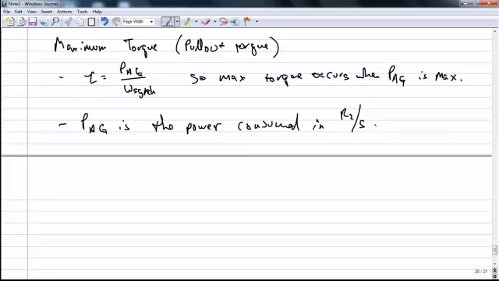So let's back up and see what we know so far. The air gap power is the power consumed in R2 over S, and when the air gap power reaches its max, that's when the torque is going to reach its max.